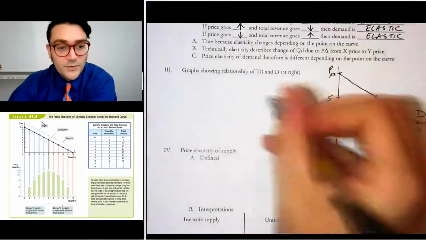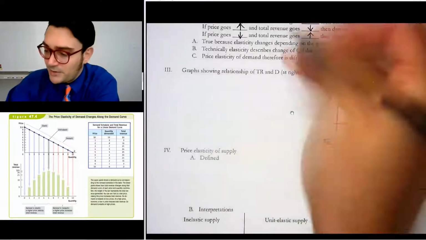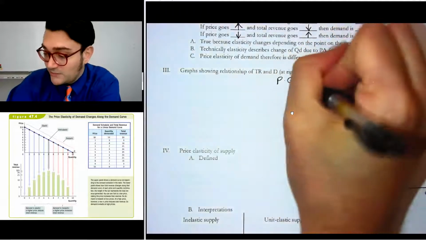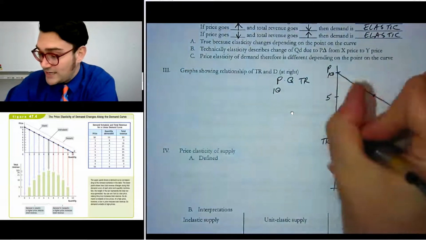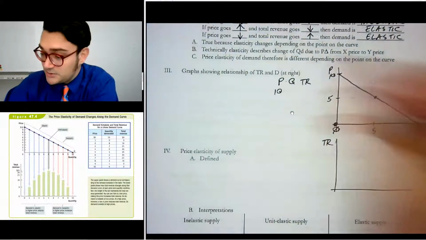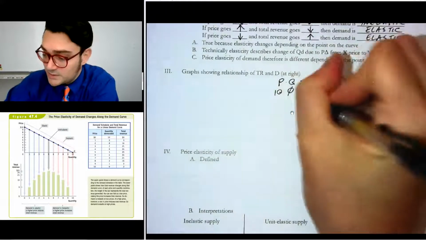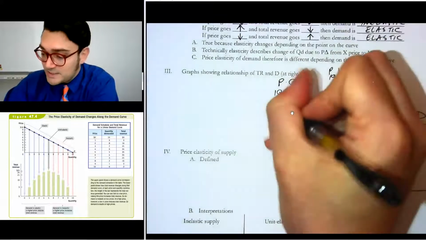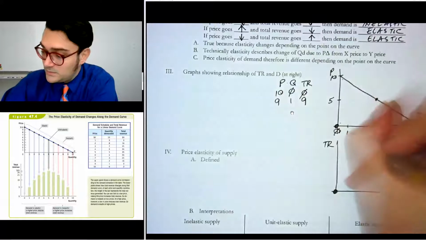Now, if we just quickly think about this demand schedule, price and quantity and total revenue. So if the price is 10, then our table says, and our graph right here says we sell 0. Right? 10, 0. So our total revenue is 0. So that would be there. But if we lower the price to 9, we sell 1, our total revenue becomes 9.